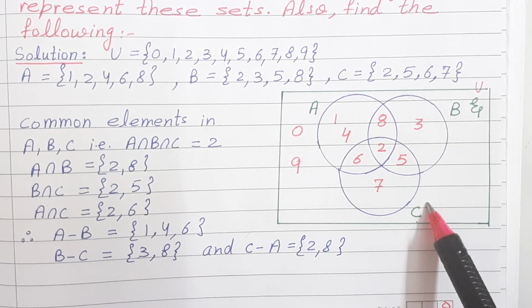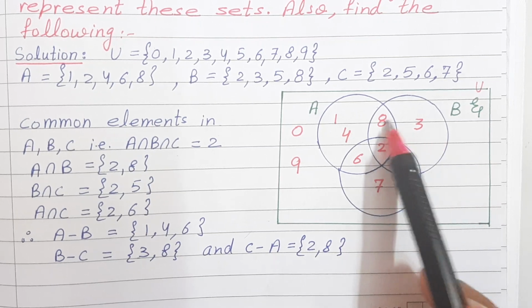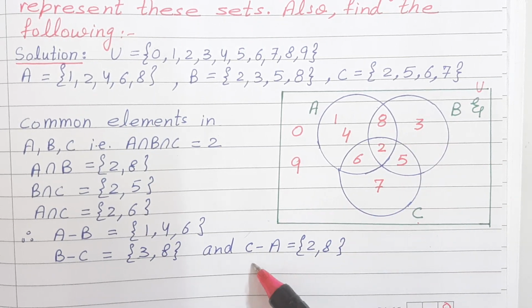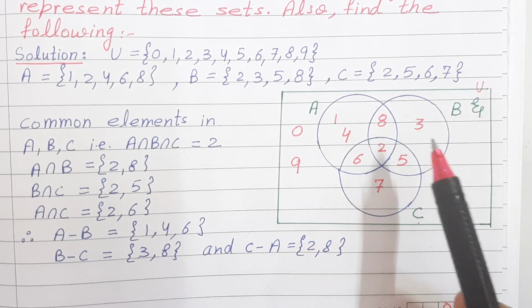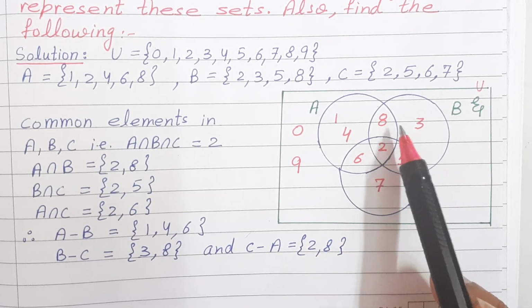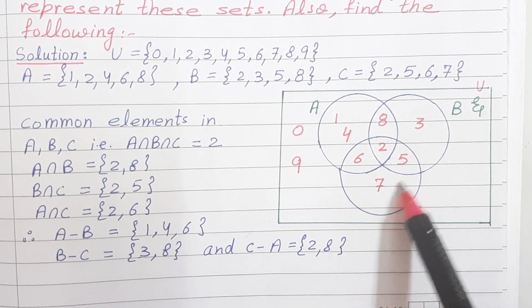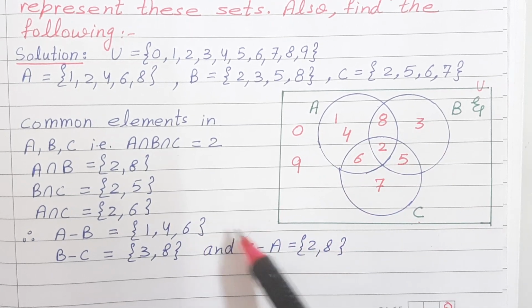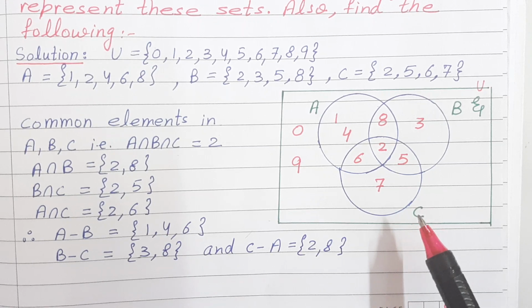B minus C will be 3 and 8. And C minus A is 2 and 8. Right? So this is how we can represent the given sets on a Venn diagram.